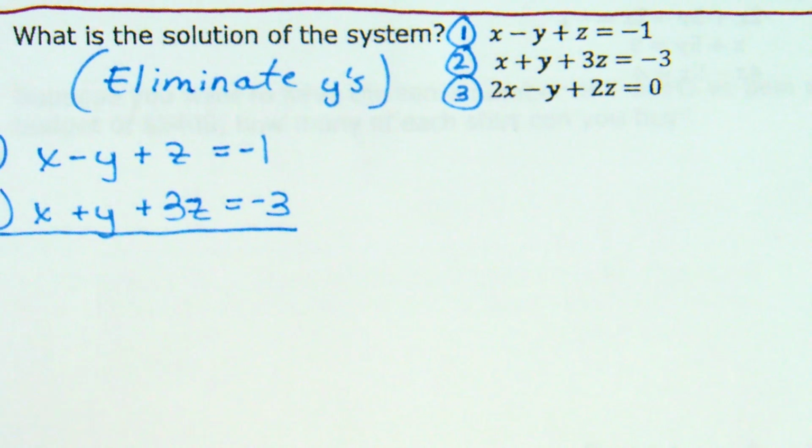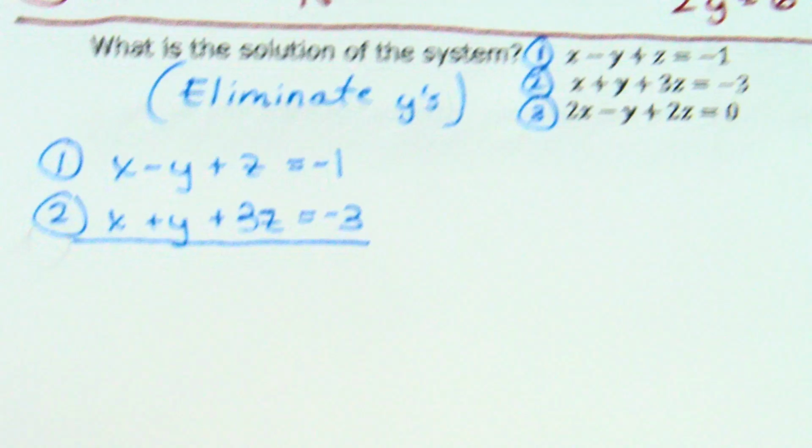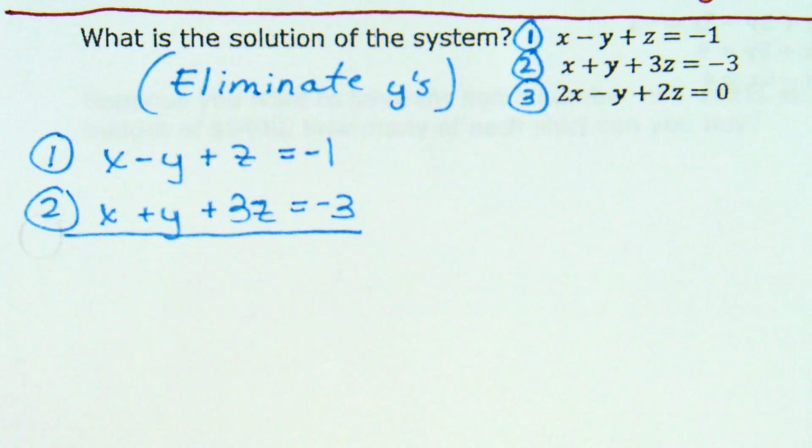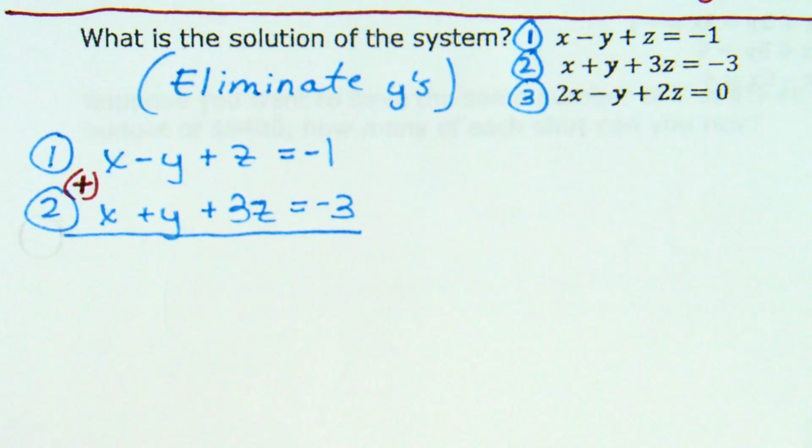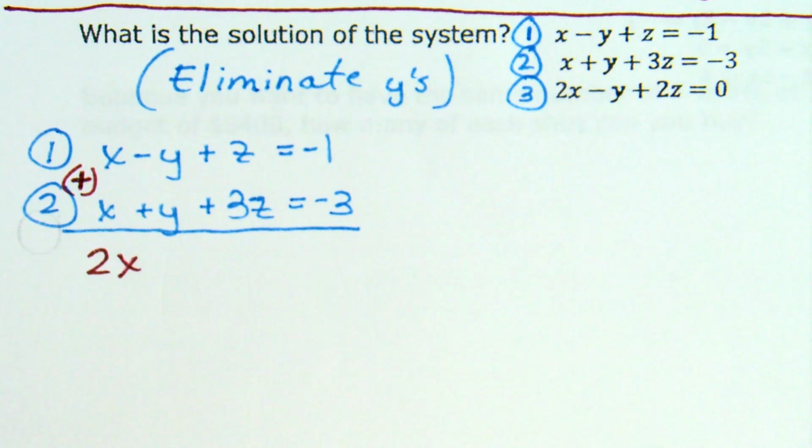But you guys can't see my 1 and 2 there, can you? Okay, trying to eliminate the y's. It's already a negative y and a positive y, so we're going to add them together. x plus x, 2x. Negative y plus y, that's my 0y.